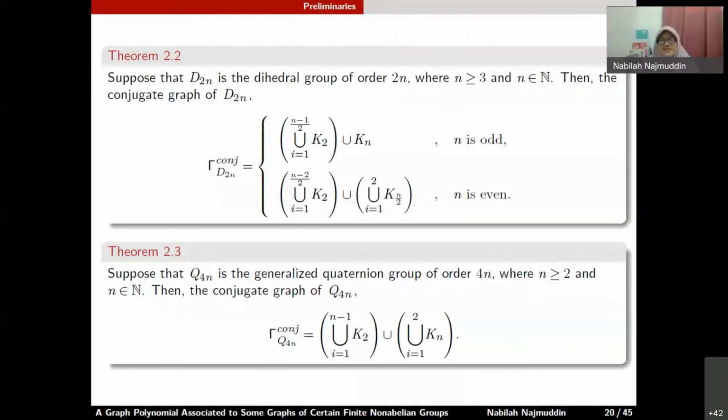Yeah, maybe once you obtain the graph structure for the conjugate graph of D2N, then you see that the structure is disjoint or disconnected. Then the graph looks like the combination of K2 and Kn, disconnected or disjoint as well, right? Then you express the graph in terms of K2 and Kn, right?